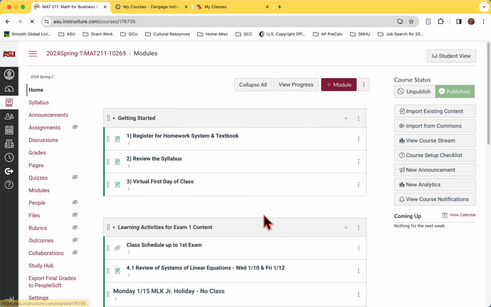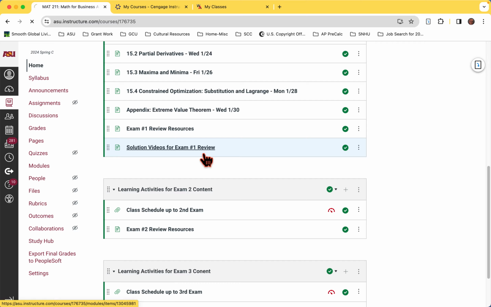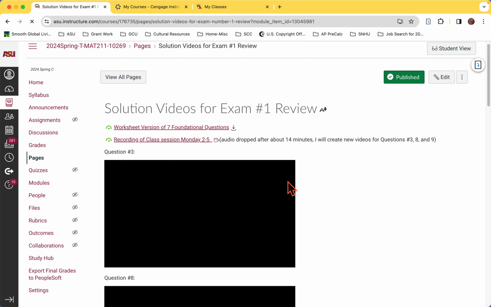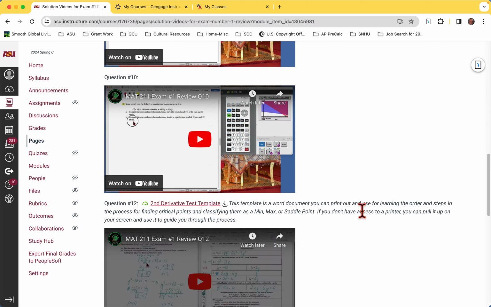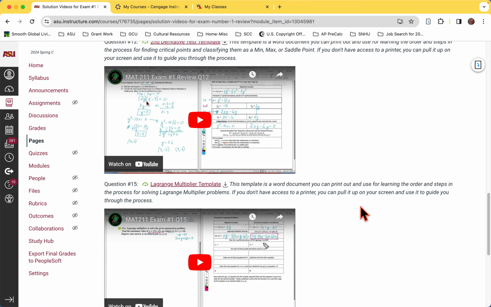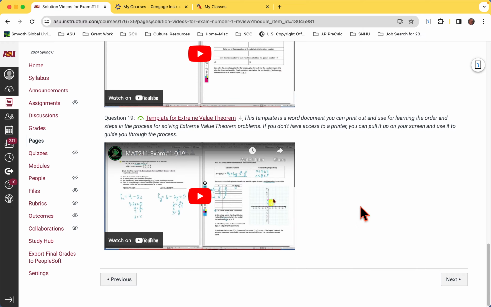Maybe I should have put them here too, but we'll figure it out. So this is the extreme value. And the good thing of practicing this extreme value is you're actually practicing many of the skills you're going to need for it. It's going to help you with probably about 4 or 5 of the questions on the exam itself because of all the things that's involved in it.